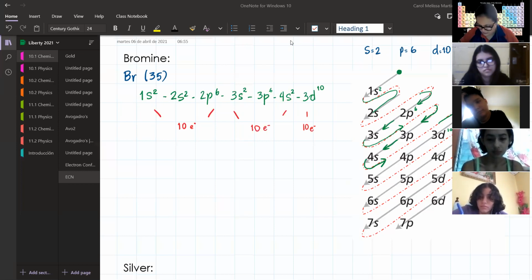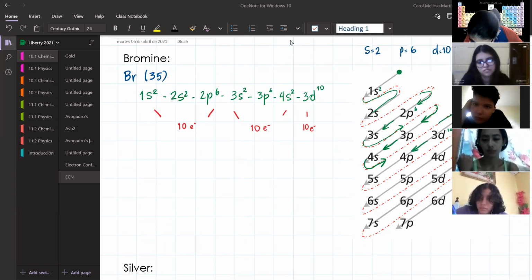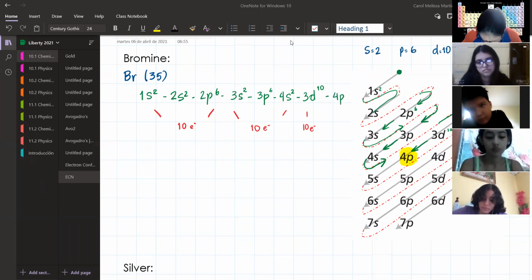So I go to the next one, which is 4p, but instead of using 6, which is the most that I can use, I'm going to use just 5, the 5 I need. So this is going to be 4p.